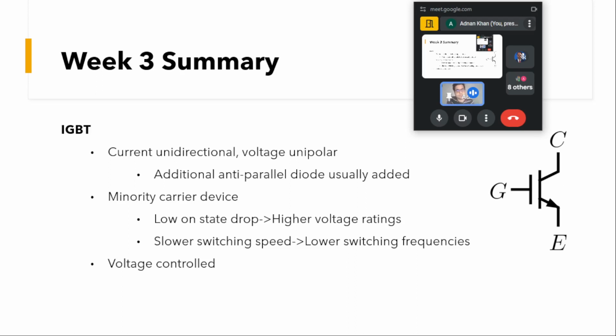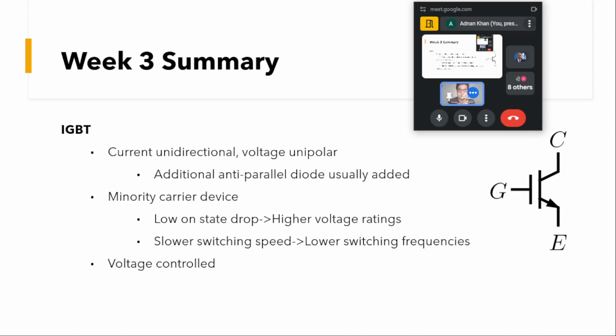As you would have been taught this week, because of that the IGBTs have slower switching speeds compared to the MOSFETs. In terms of switching speed, IGBTs lie between the BJT and the MOSFET. They have lower switching frequencies than the MOSFET, but can handle higher voltage levels.